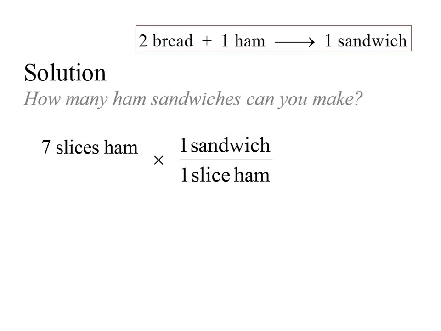That's our stoichiometric ratio. Oh, sorry. How many ham sandwiches can we make? 1 sandwich per 1 slice of ham. Slices of ham cancel, we're left with units of sandwiches, which is making me hungry, which is 7 sandwiches.